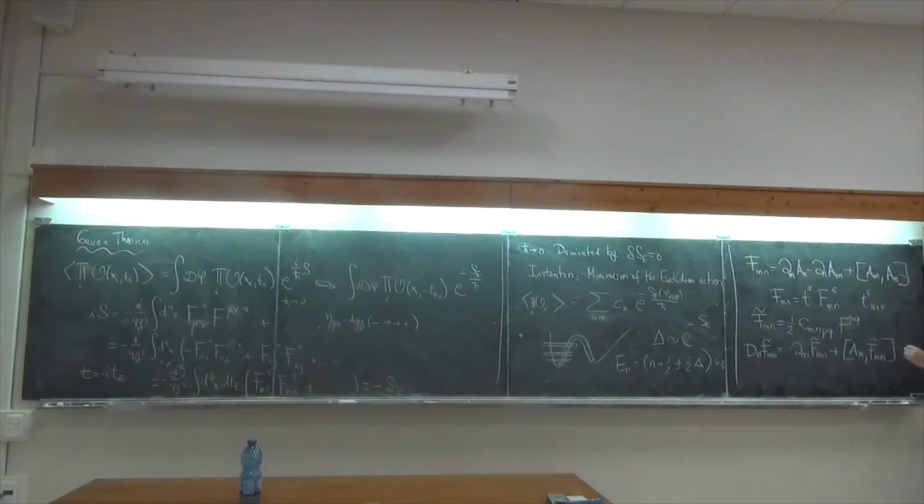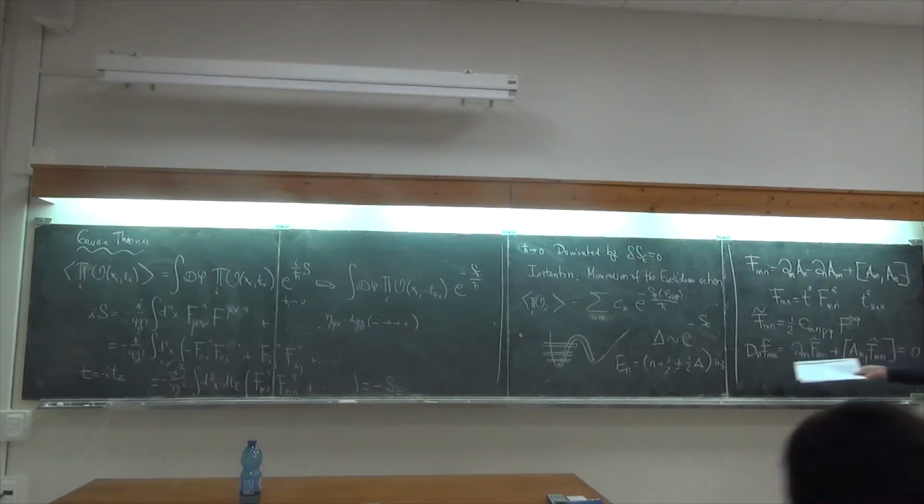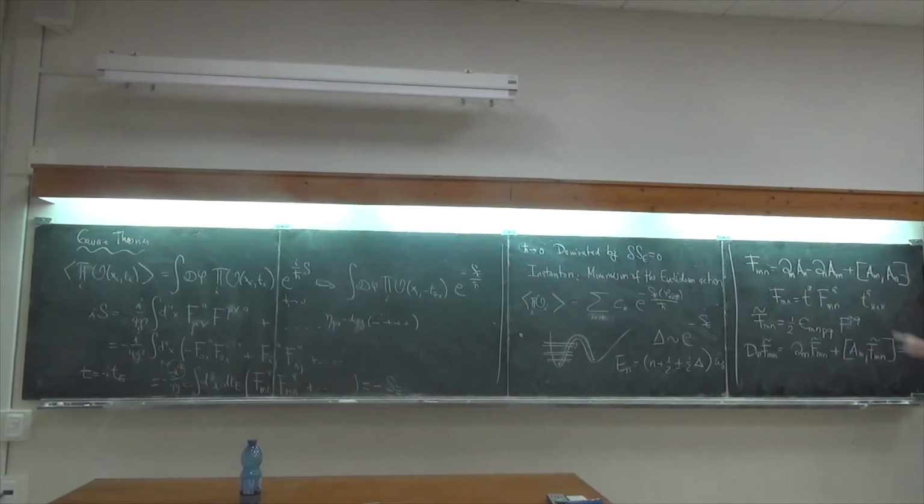Let's notice that this is 0, identically, for any field strength: D_m of F tilde_mn is 0. It's computed by just plugging this in here.